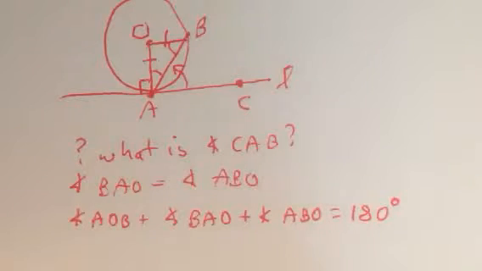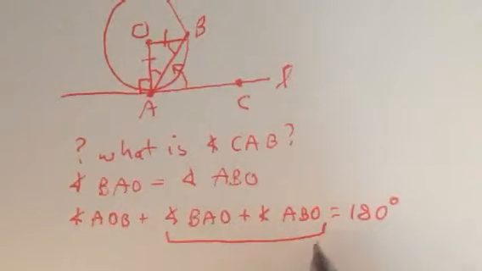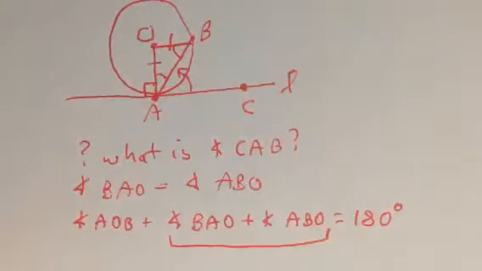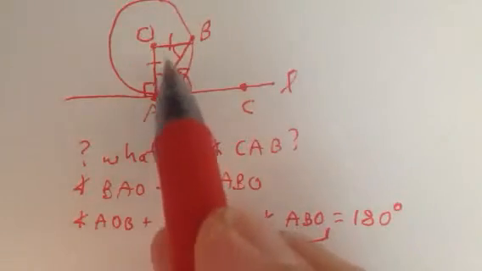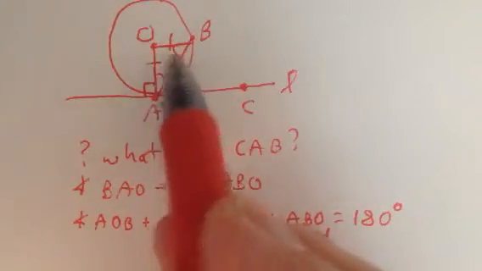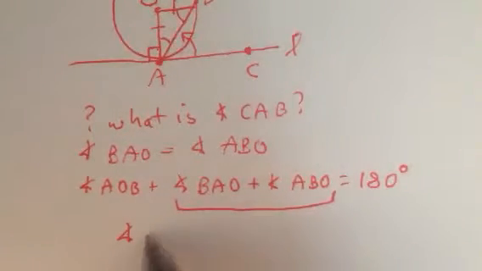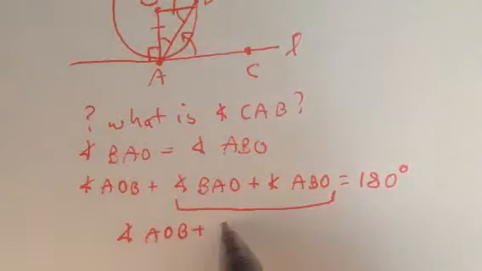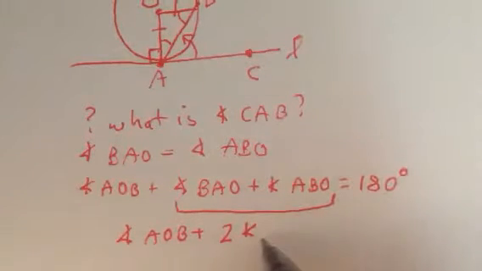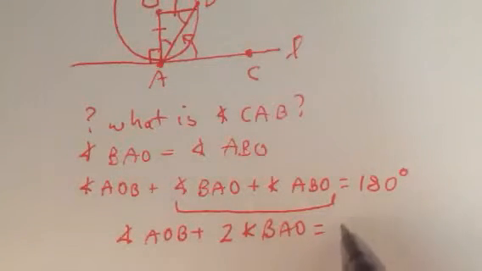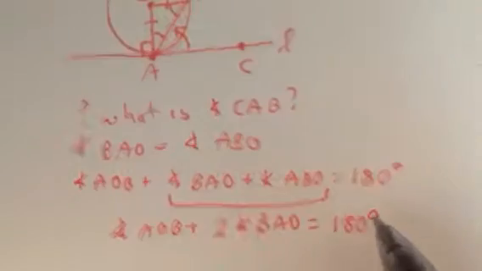But we also know that angle BAO and ABO are the same because this is an isosceles triangle. So we can put in for ABO, BAO. So we have angle AOB plus 2 times the angle BAO equals 180 degrees.